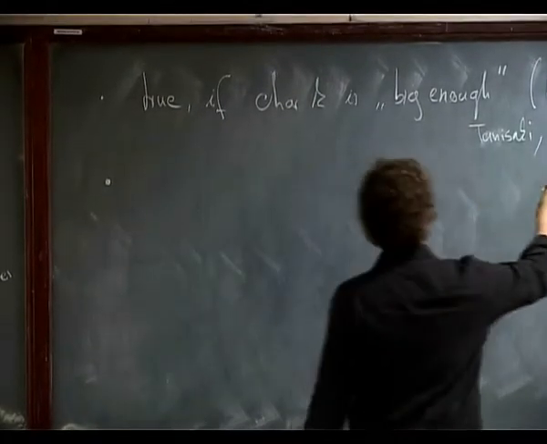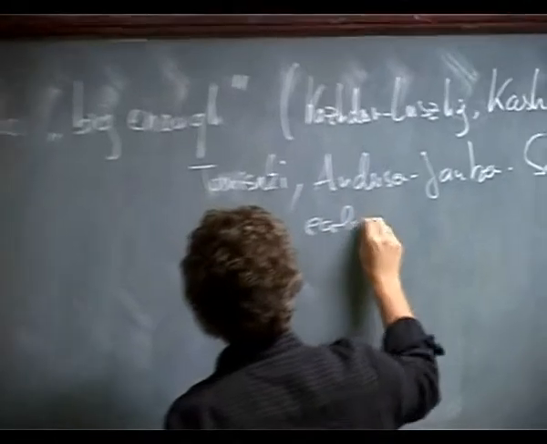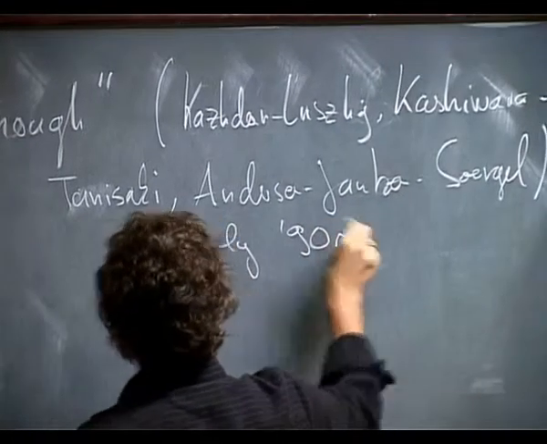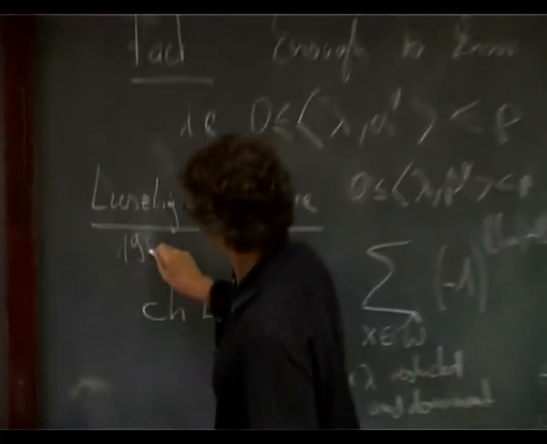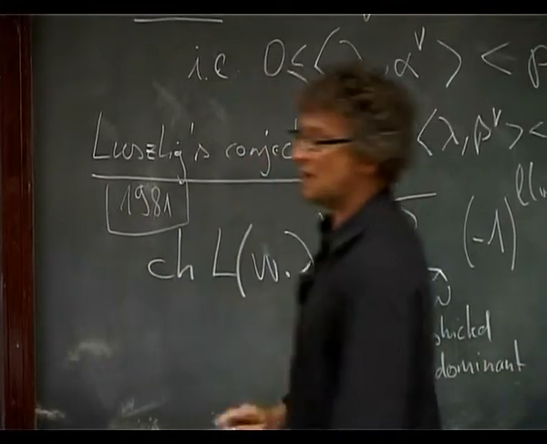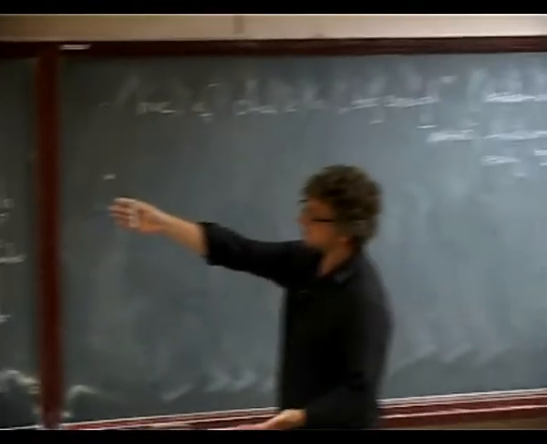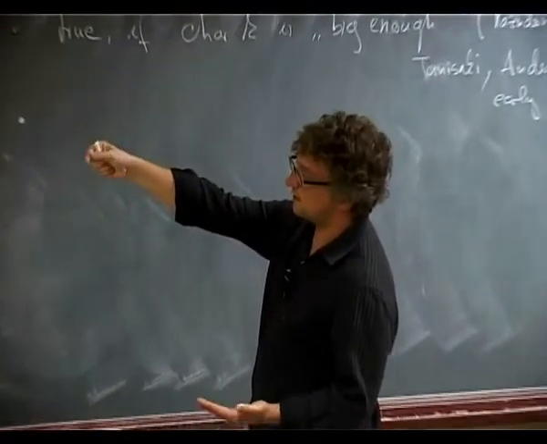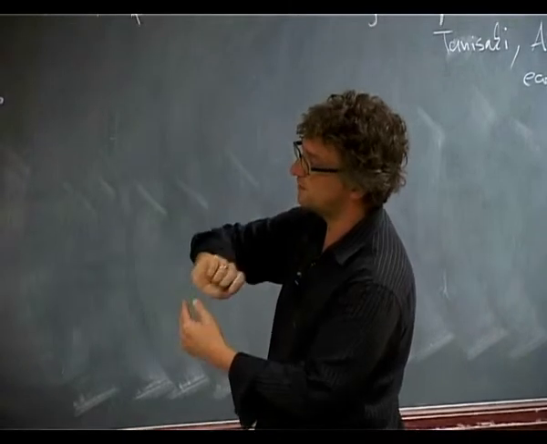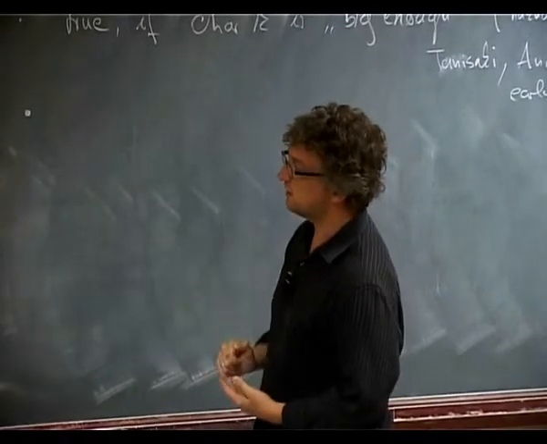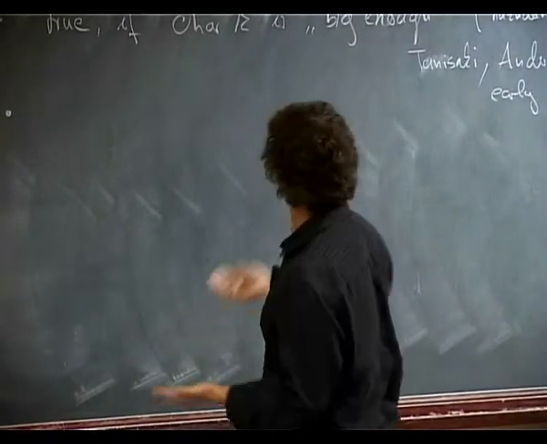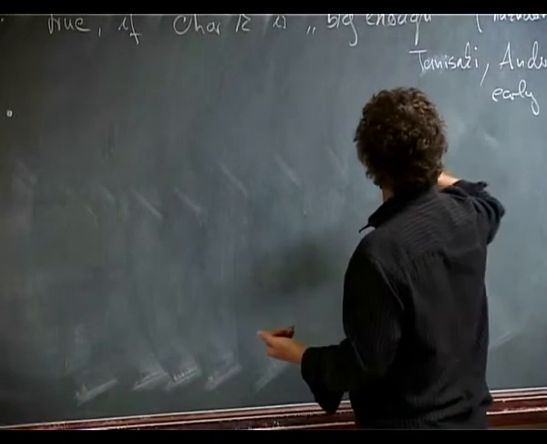That was in the early 90s, and this conjecture was from 81. So in the early 90s, Lusztig had a program to prove this conjecture, and this program was then carried out by these authors.